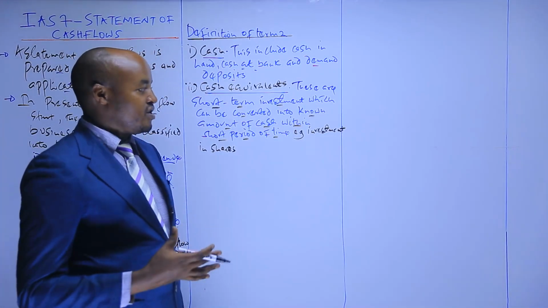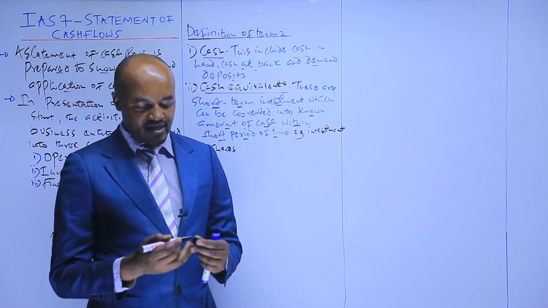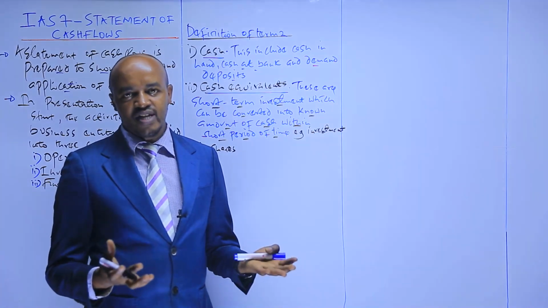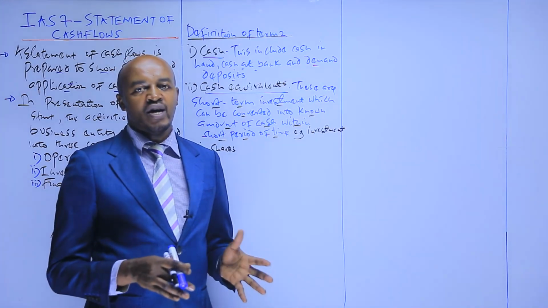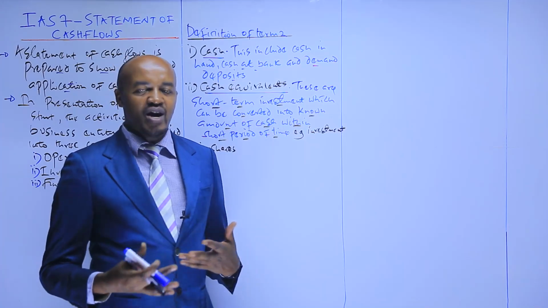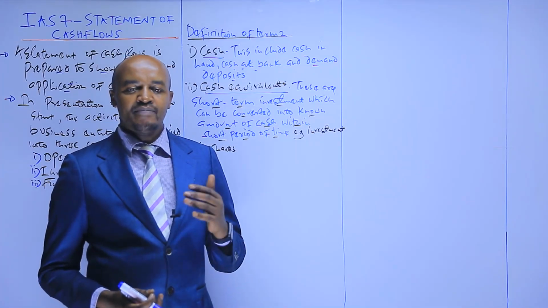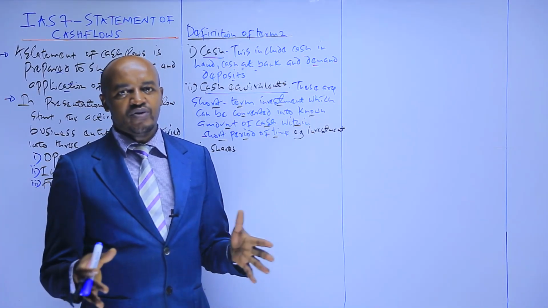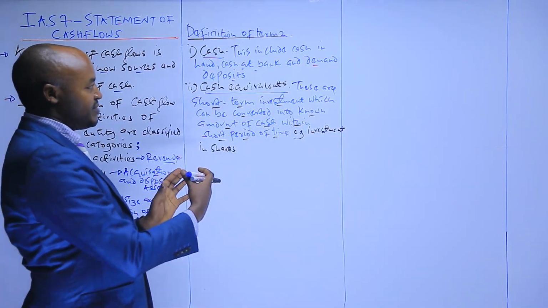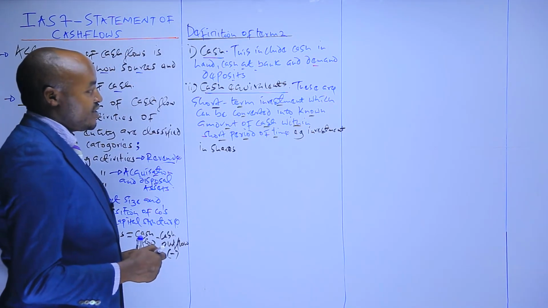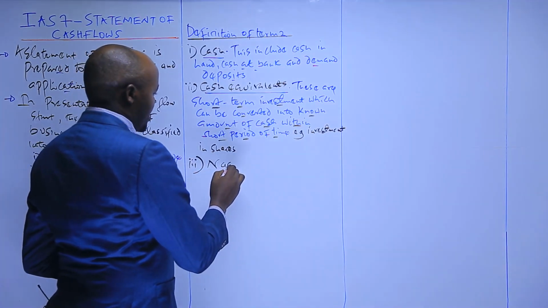Once a company, or even you as an individual, have invested in shares which are trading in the securities exchange market, and you need some cash urgently, you just instruct your stockbroker to go ahead and sell those shares. Within 1 week, you'll have money in your account. So that is a cash equivalent. It's not cash, but it's an equivalent of cash, because if you need cash within a short period of time, you'll be able to get it. Such short-term investments which can be converted into a known amount of cash, we refer to as cash equivalents.